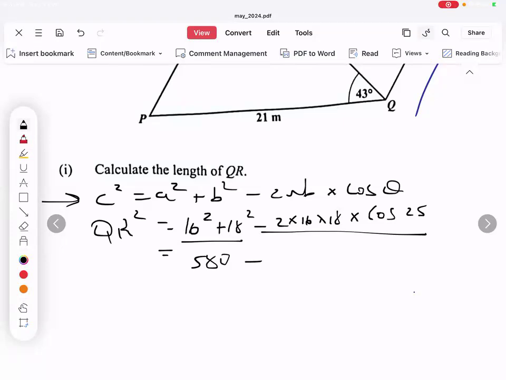I get 522.03. Somebody confirm that, please. But that would be negative. Somebody else can confirm that.